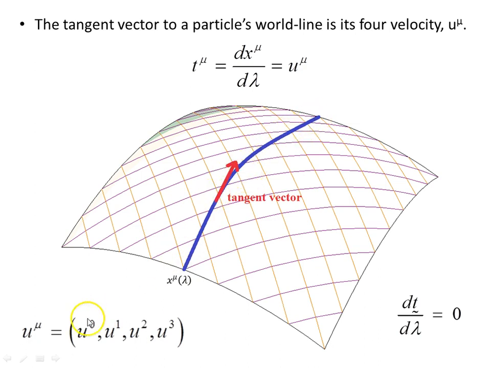The components of that tangent vector, u^mu, are these 4 here, the derivative of the time component and the 3 derivatives of the spatial components. And again, reminding you, the condition for parallel transport of a vector, in this case the tangent vector, which is the forward velocity of the particle, is that the total derivative of the tangent vector with respect to the affine parameter lambda is equal to 0. And that's the condition for parallel transport.